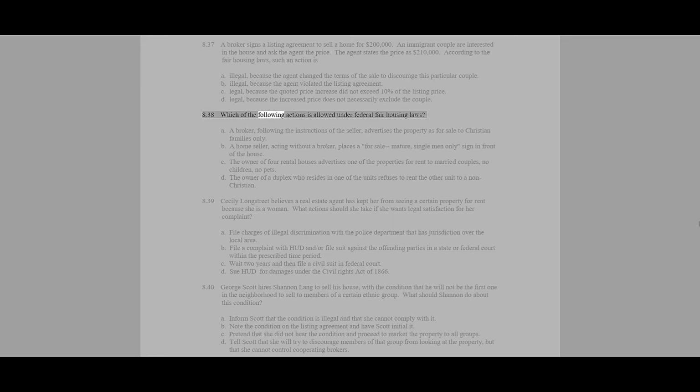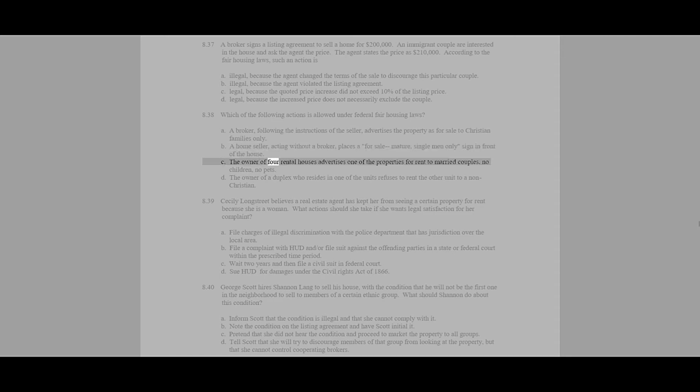8.38 Which of the following actions is allowed under federal fair housing laws? A. A broker, following the instructions of the seller, advertises the property as for sale to Christian families only. B. A home seller, acting without a broker, places a "for sale, mature, single men only" sign in front of the house.